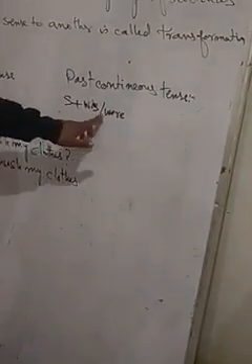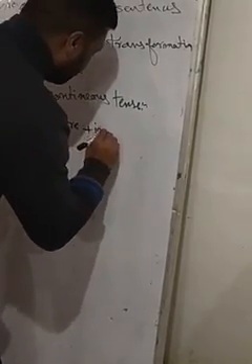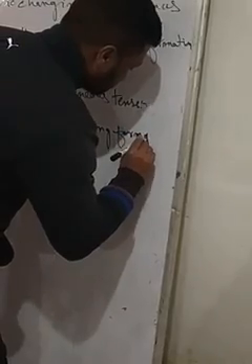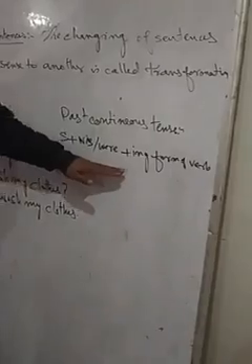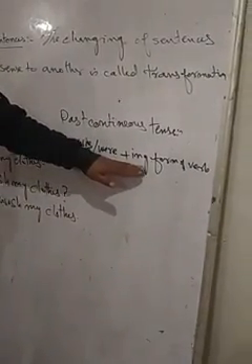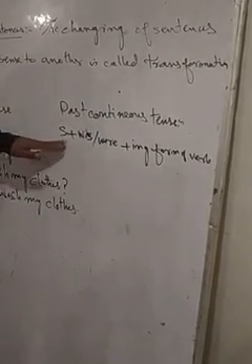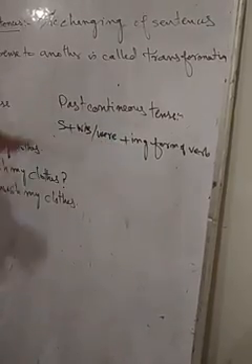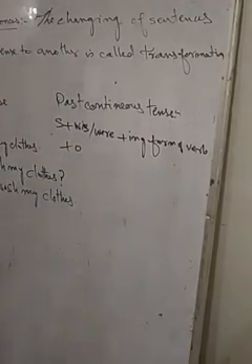Subject plus was oblique verb plus ing form of verb. The ing form of verb in English grammar is also known as the present participle form of verb. So in the past continuous tense, you need to use the ing form of verb or present participle form of verb followed by object or other words.